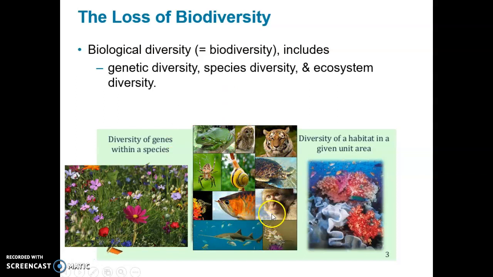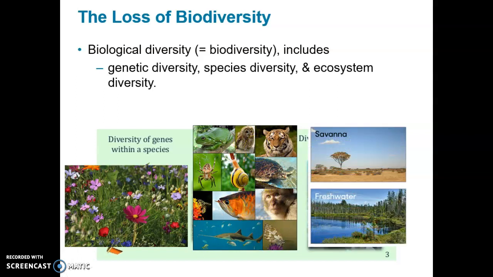Different numbers of species, different types of species on the planet, whether they be microbes or plants or animals. And then ecosystem diversity, we talked about ecosystems and biomes in a separate chapter. So the different biomes and ecosystems on the planet is what we are considering when we talk about ecosystem diversity.